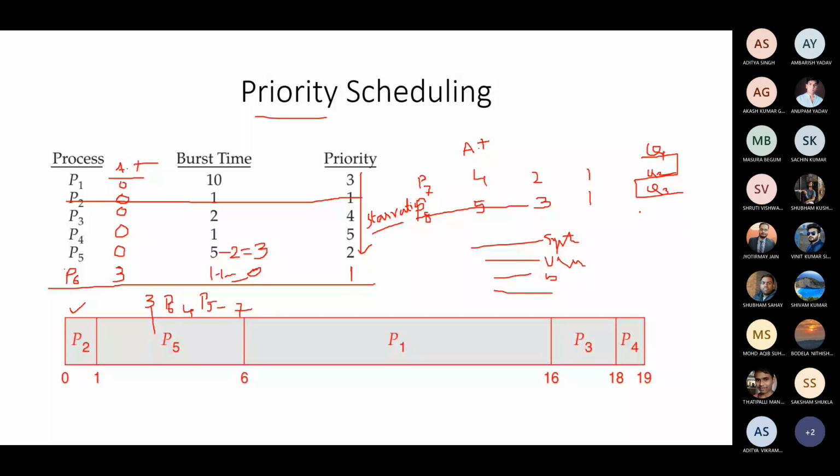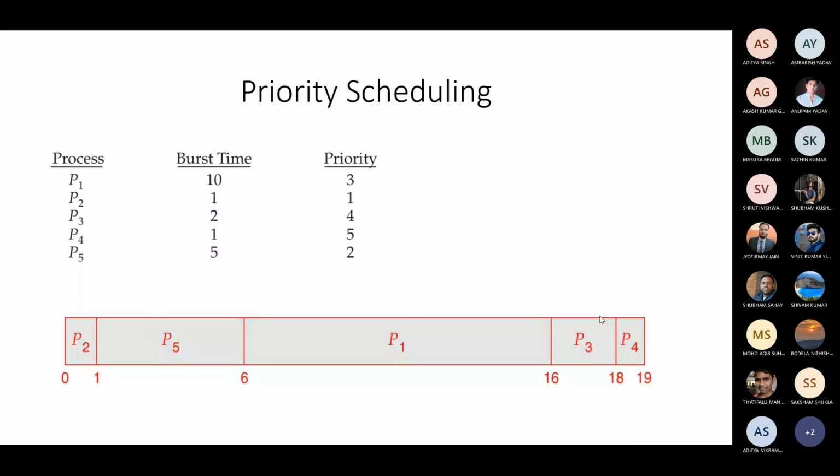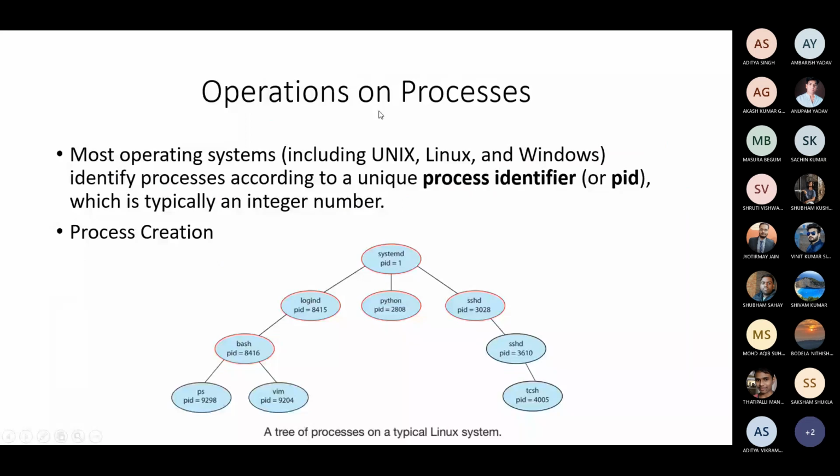Yes, sir. So this is something important: the properties of CPU scheduling are one of the important things that we need to consider when process management happens. Okay, right. So let us continue our discussion on operations on processes.